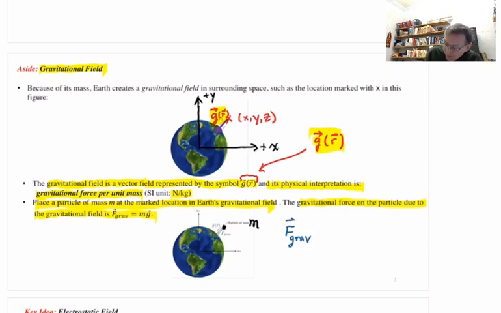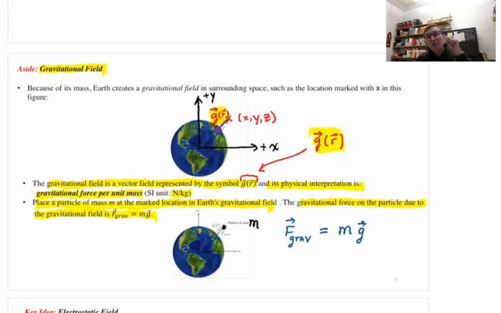Remember little g arrow, gravitational field, is gravitational force per unit mass at a given location. So to get the gravitational force on your pet particle at that point, multiply g by the mass of your particle. If g is in Newton per kilogram, multiply by something with units of kilograms, and you've got a force.